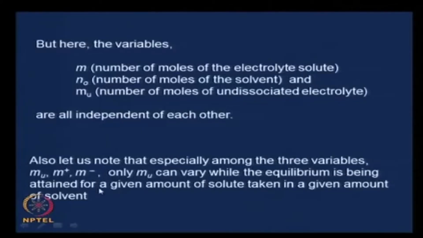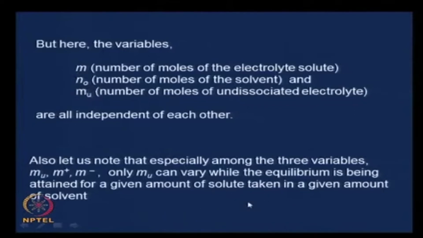Therefore, only one of them can be considered to be independent, whereas the other two will depend on that based on the equilibrium conditions. Therefore, only mu can vary while the equilibrium is being attained for a given number of moles of solute M taken in a certain number of moles of the solvent N0.